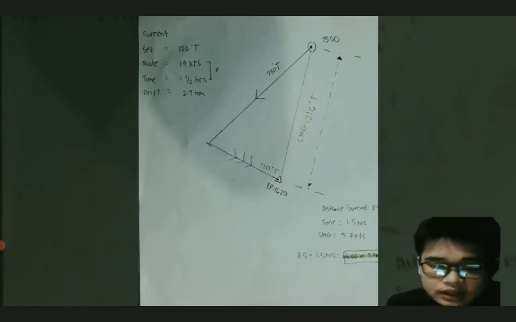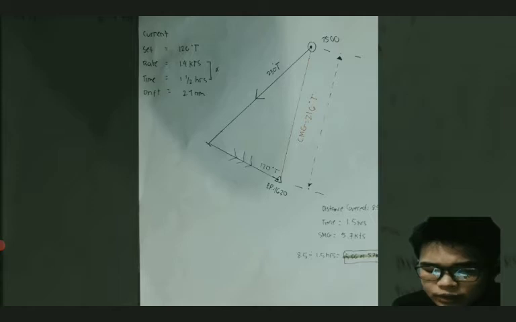Now it is also given to us that the current is setting 120 degrees true at a rate of 1.4 knots.